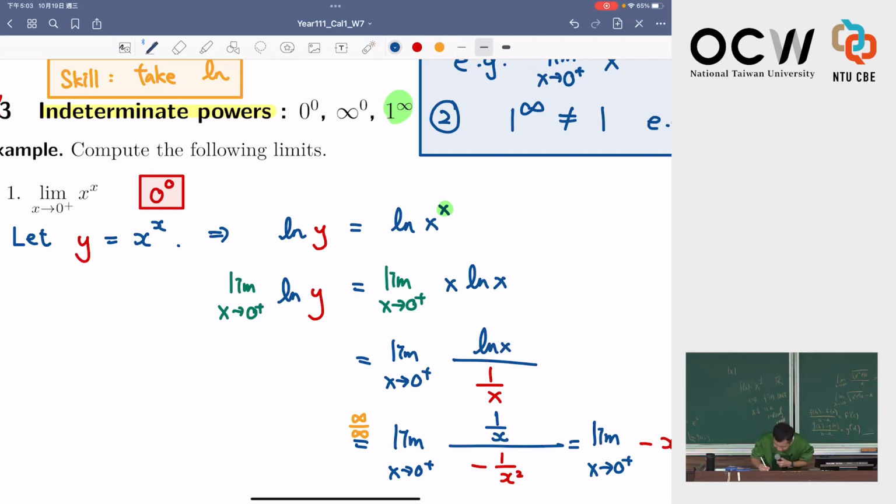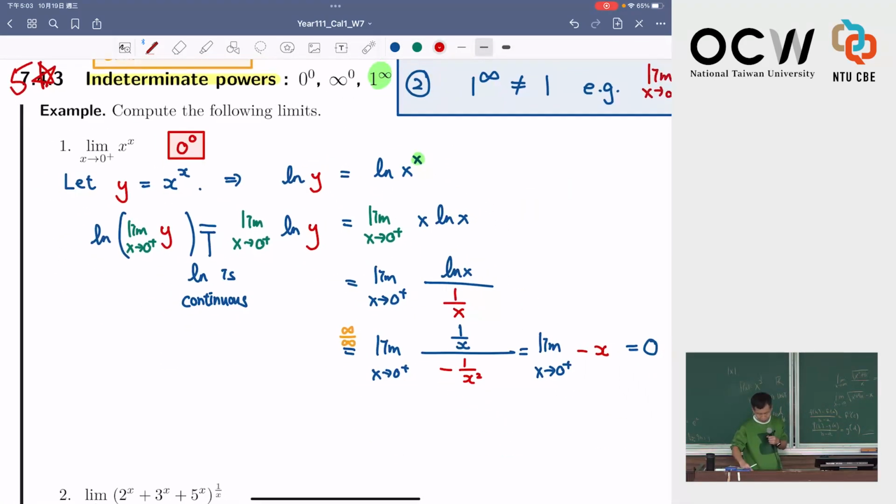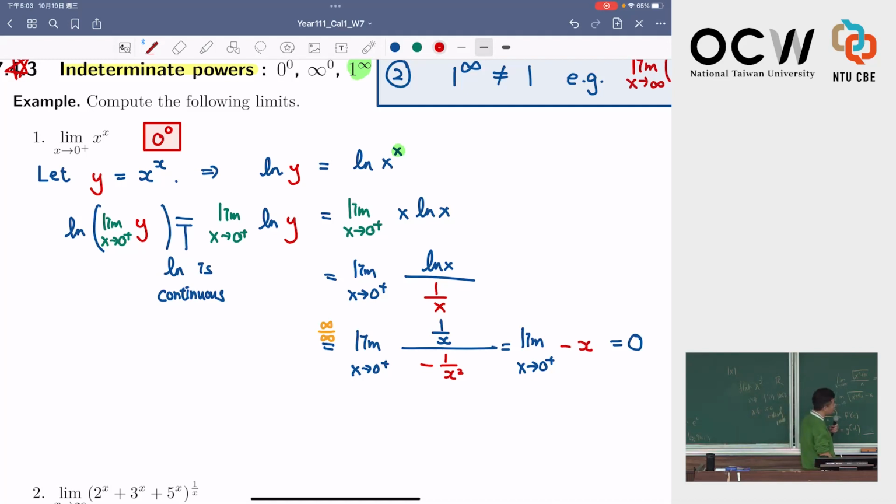Well, because log is continuous, that means I can shift the limit inside the bracket to obtain log of the limit as x goes to 0 plus of the function y, like this. This is what we learned in week 2. Whenever you have a continuous function, you can push the limit inside the bracket. If you can't see it, I can draw the bracket for you.